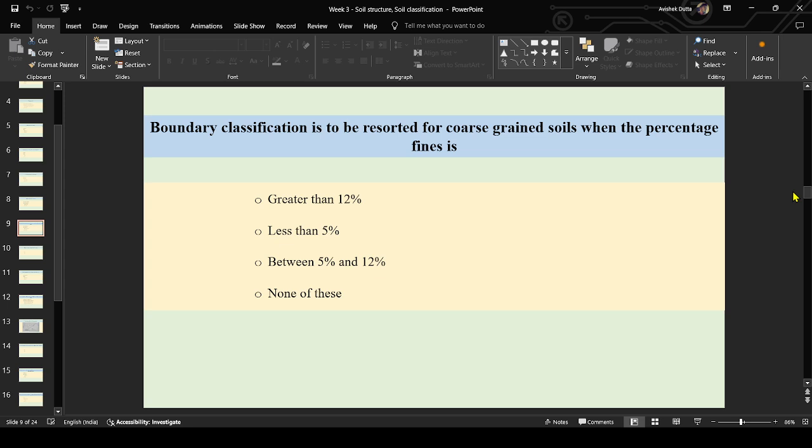Option 1, greater than 12 percent. Option 2, less than 5 percent. Option 3, between 5 percent and 12 percent. Or option 4, none of these.